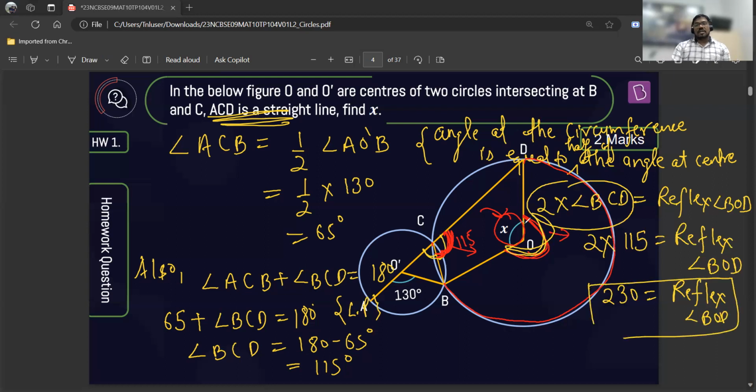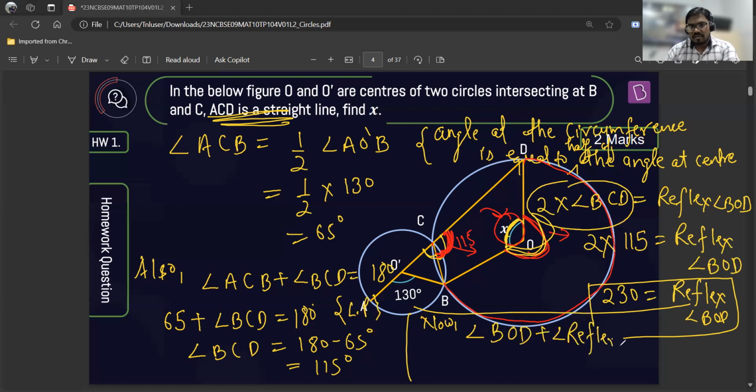Now we find this angle, because we know that the sum of angles at a point is 360. So angle BOD plus reflex angle BOD is 360.